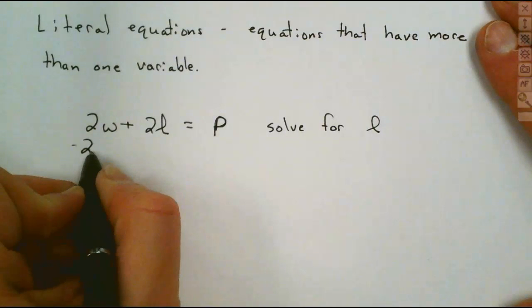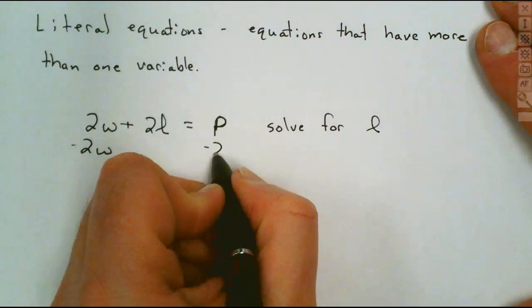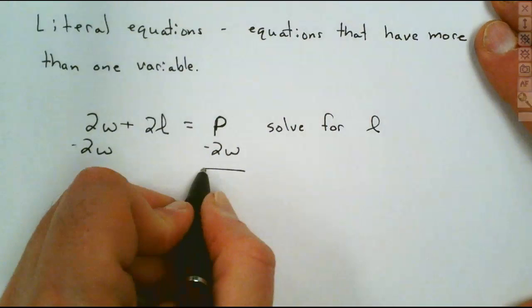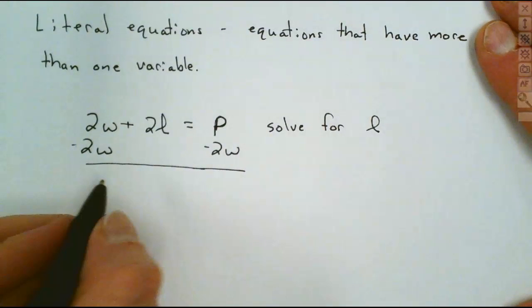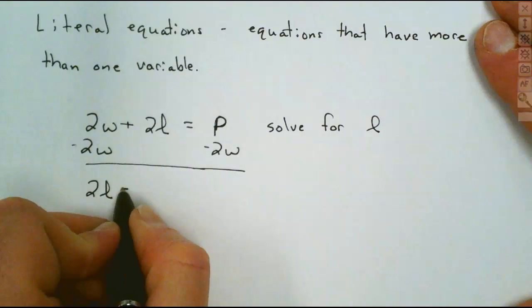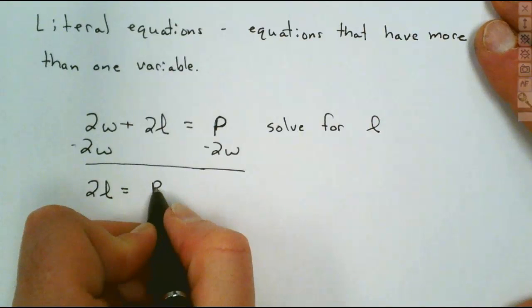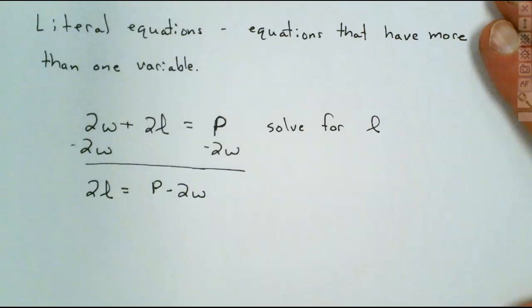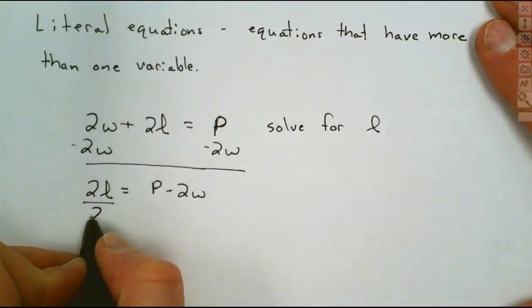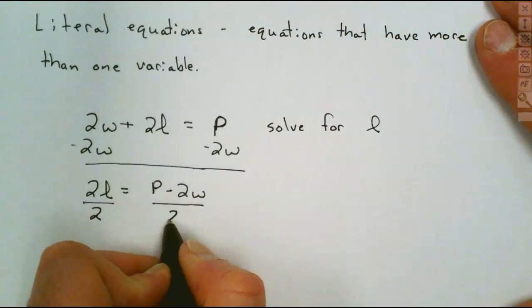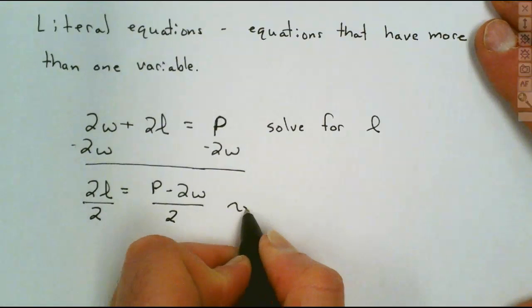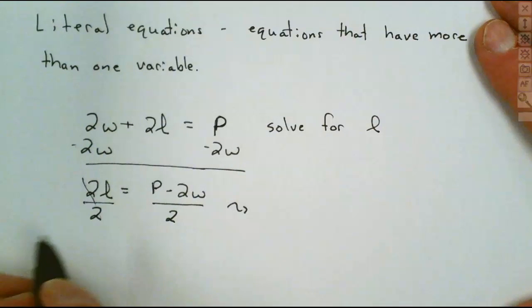So let's begin by subtracting off 2W. That leaves you then with 2L equals P minus 2W. And we can finish this by dividing by 2 on both sides. Those 2's here, they can cancel.